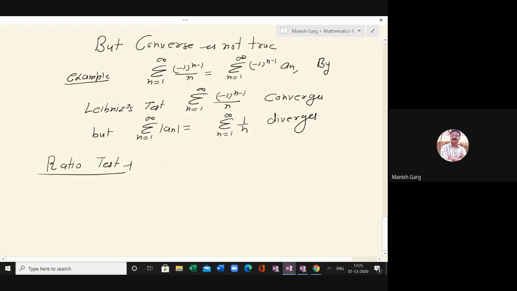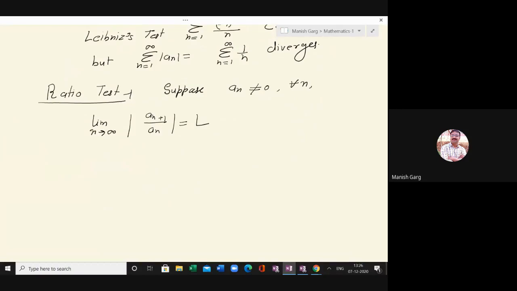What it says: suppose an is not equal to 0 for all n. It should not be 0, and the limit as n tends to infinity of the absolute value of a(n+1) by an is equal to L. This is the general result I am saying; if you find the limit, this is L. It means if negative then take positive only.